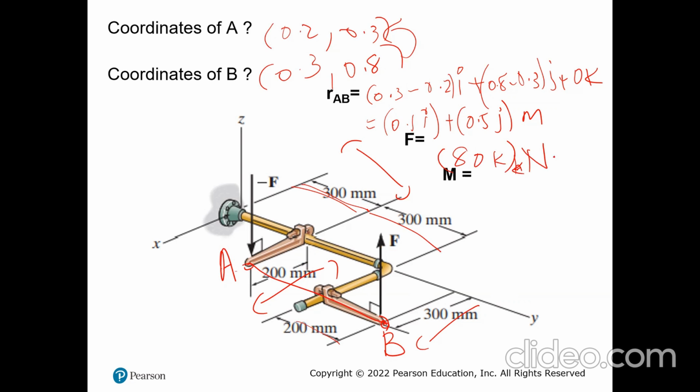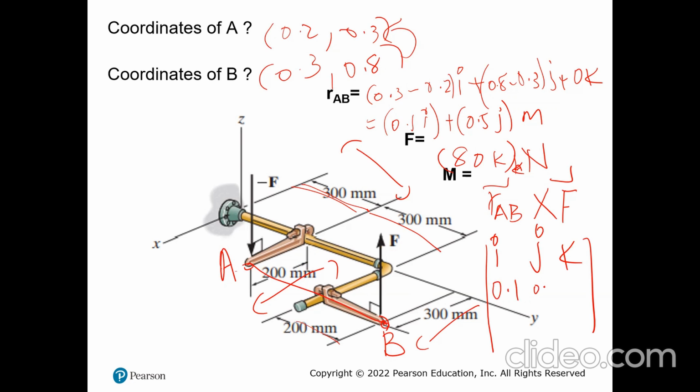So how do I get the moment? That's the cross product of my position vector times my force. Then I write it in a vector form, so that's my position vector and then my force.